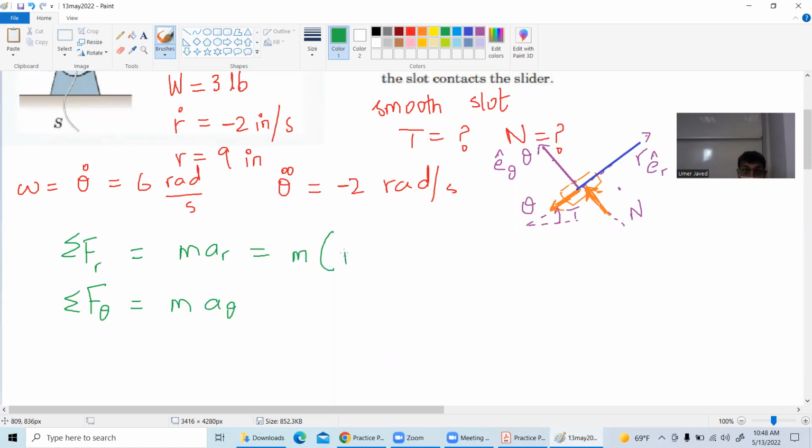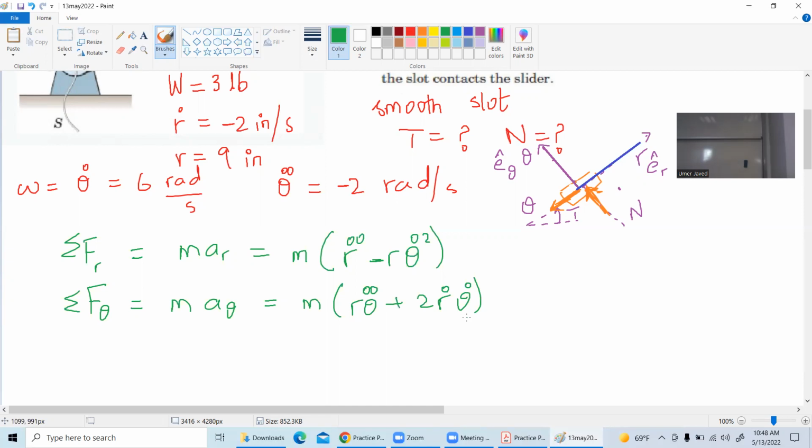What is a_r? Yes or no? Okay. What is summation F_r? Do it quickly. 30 seconds. Summation of force in the radial direction.